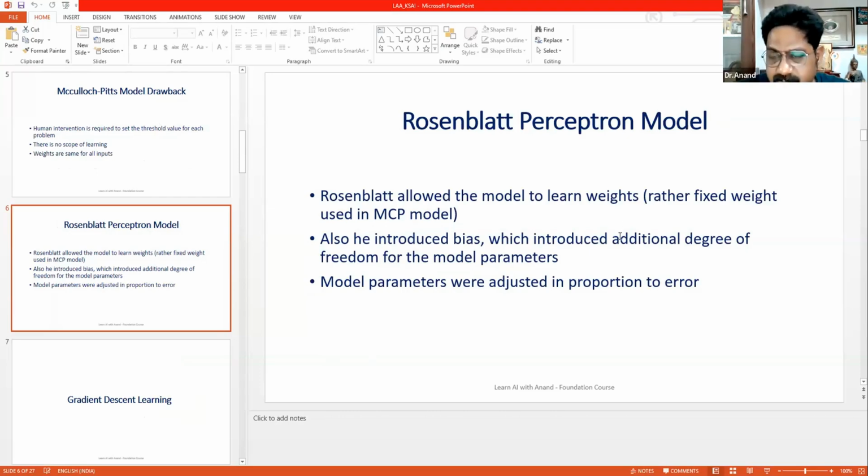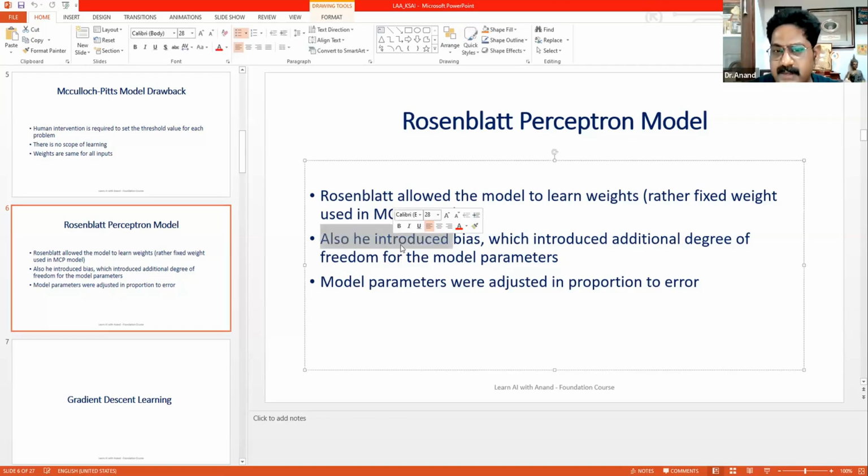By that time, the gradient descent logic had slowly emerged, and people started using it to adjust the weights. So the model possesses some kind of intelligence, automatic learning. Rosenblatt allowed the model to learn weights rather than using the fixed weights proposed by McCulloch-Pitts.